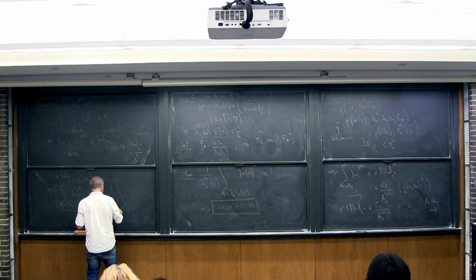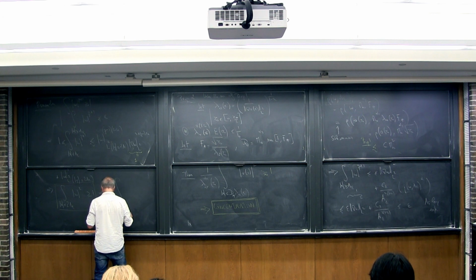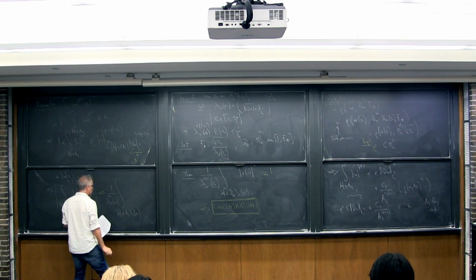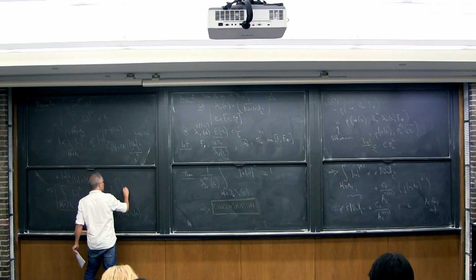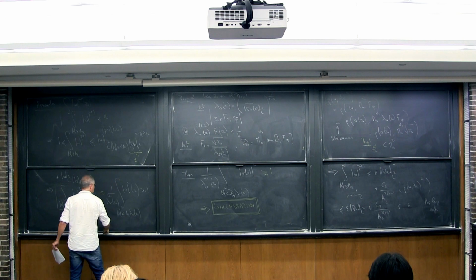I'm just coming back. So I have an A of epsilon such that if I look at the inner norm for x less than A epsilon lambda v of tau naught, of v squared at tau naught, this is bounded by 1.